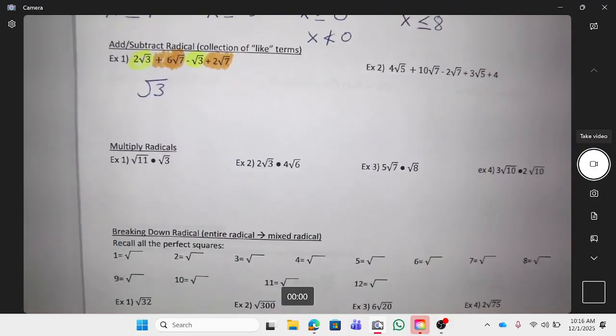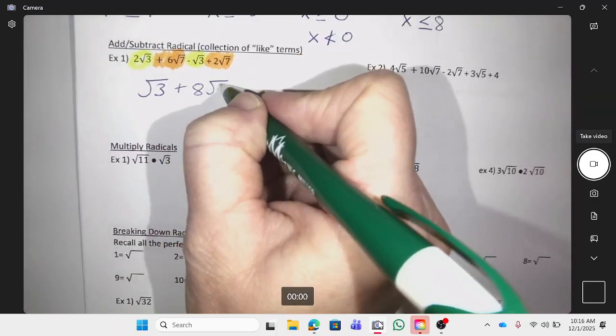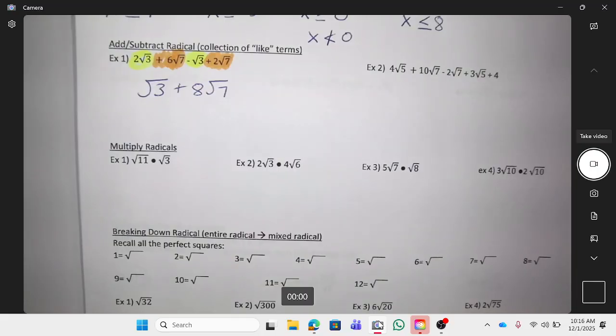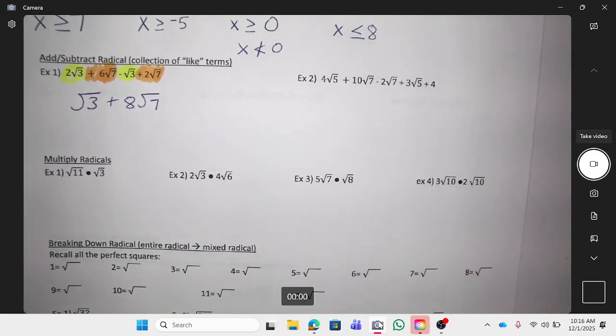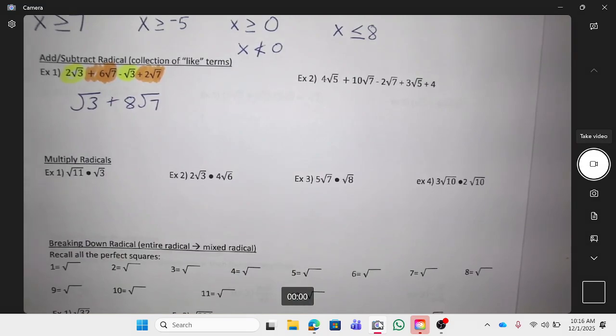And these are also the same as each other. If we had 6 root 7's and 2 more root 7's, they can be put together as 8 root 7. Some of the wonky things I might see is people trying to turn that into root 14's, like adding the roots together.